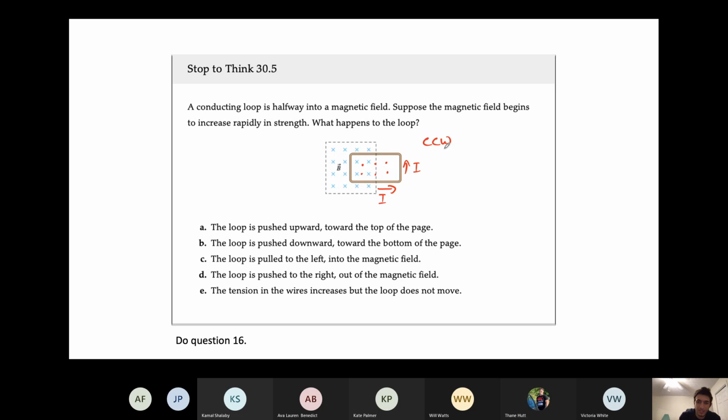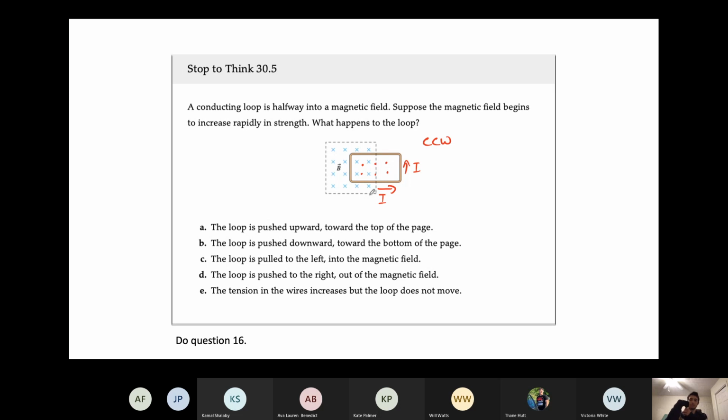Okay, so now you have the magnetic field pointing out and your current is to the right. So using the right hand rule, the current is pointing to the right, the magnetic field is pointing out. That means in this part, this is to the right and this is out of the page.